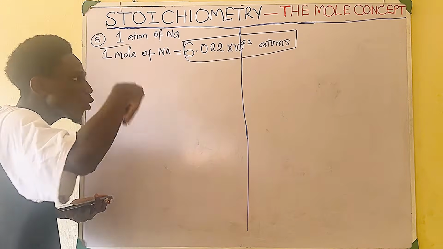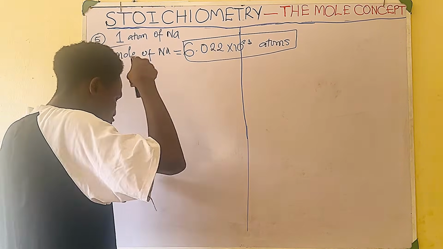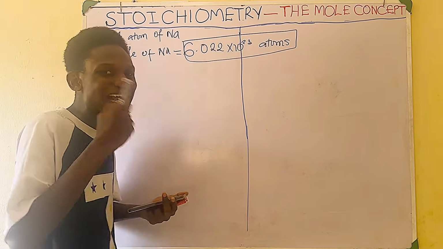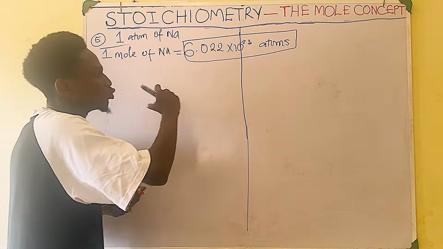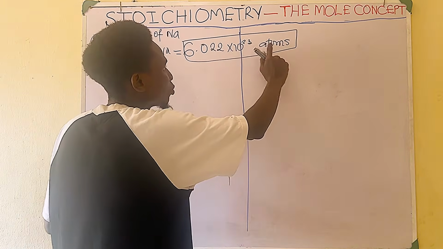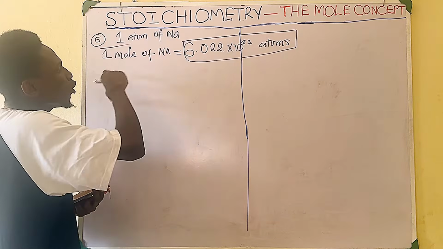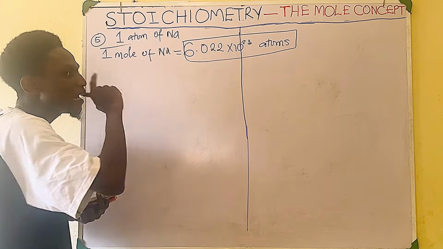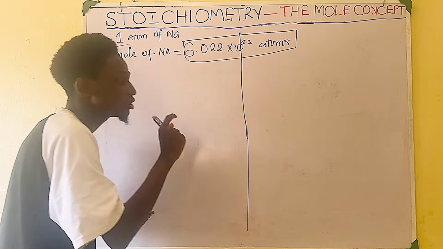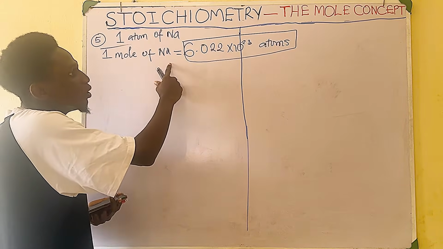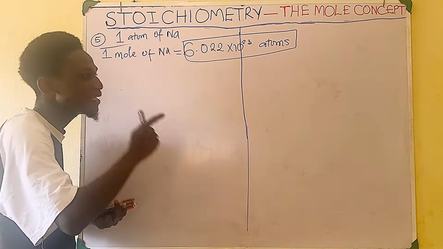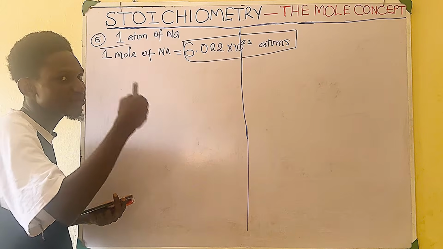So now we're talking about 1 mole of sodium atoms, so we have 6.02 times 10 to the power 23 atoms. If they say 1 mole of sodium molecule, although sodium does not exist as a molecule, let me just use it as a wrong statement, it will be 6.02 times 10 to the power 23 molecules, because it depends on what you are talking about. We have explained this previously.